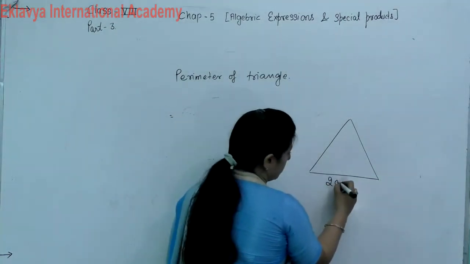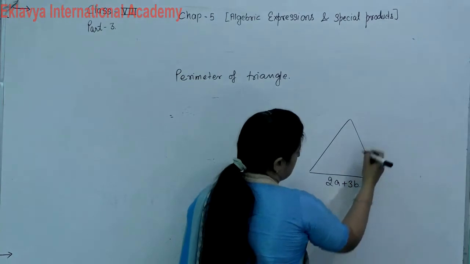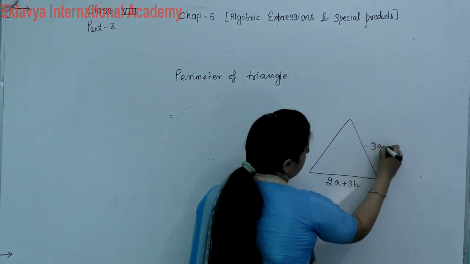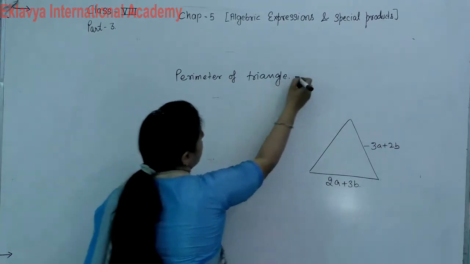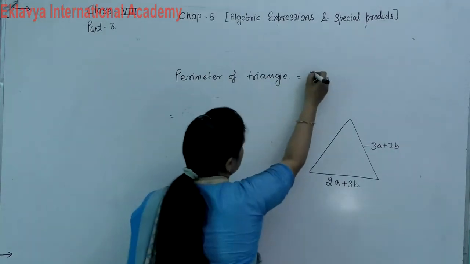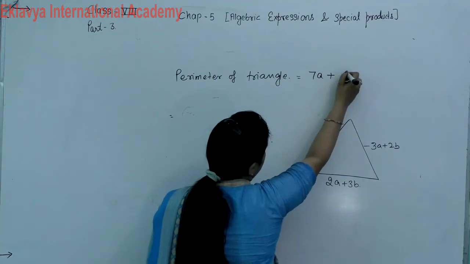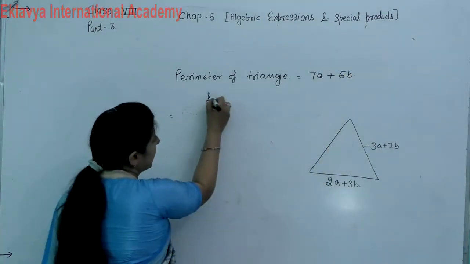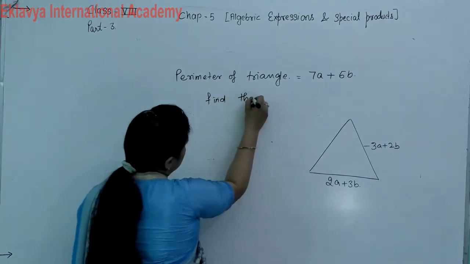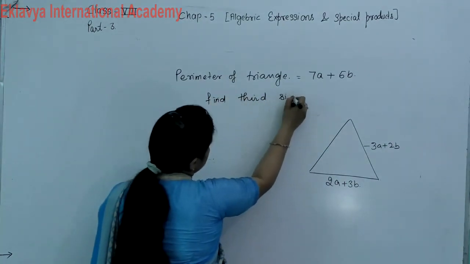One side is 2a plus 3b, the second side is minus 3a plus 2b, and the perimeter of the triangle is given as 7a plus 6b. Your question is to find the third side.